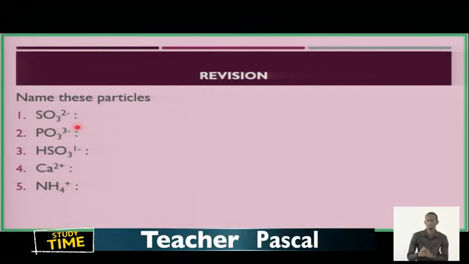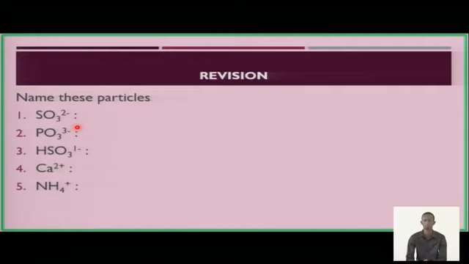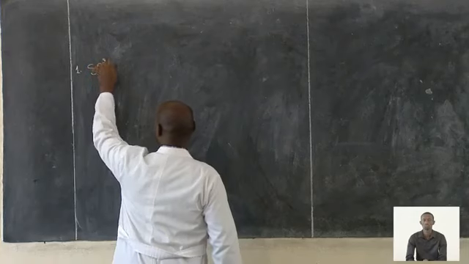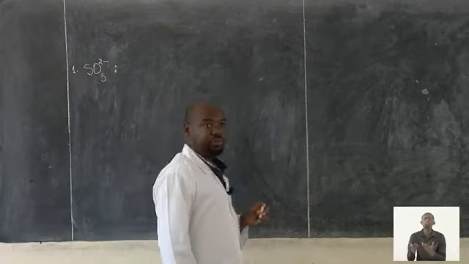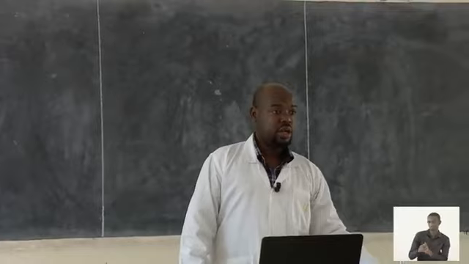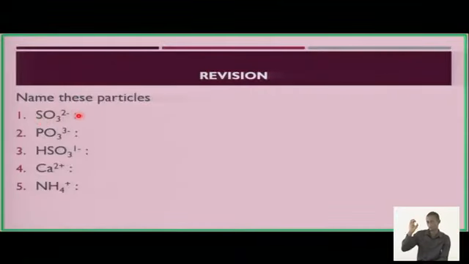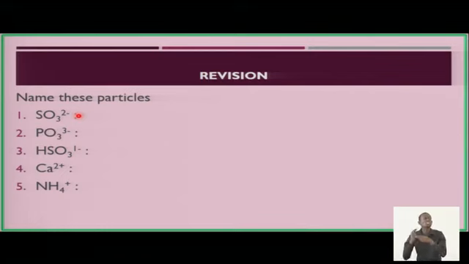Particle number 1, we have SO3 2-. What is the name of this particle? We said that when we have 3 oxygen atoms, what is the ending of the name of the radical?